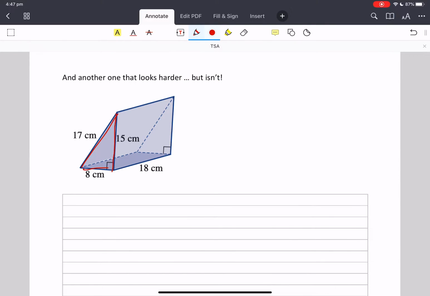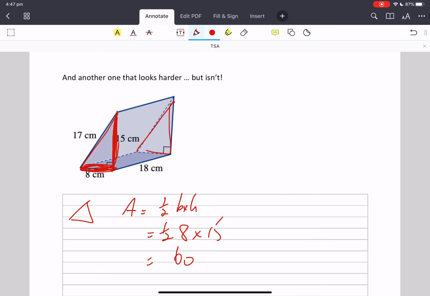We've got a triangle, area equals a half base times height. My base is going to be 8 and my height is going to be 15, 60. And there's 2 triangles, 120.